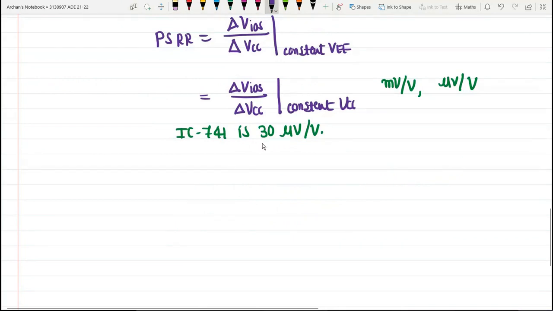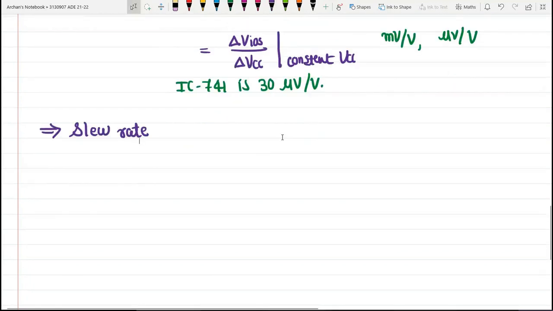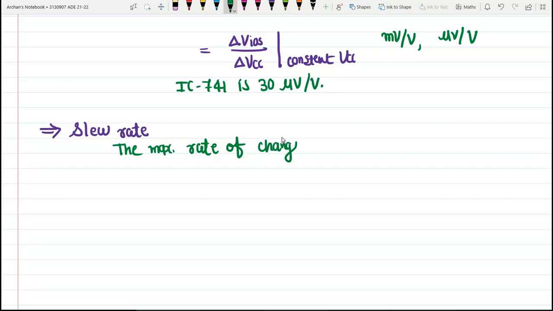Now, the second parameter is slew rate. How do we define slew rate? It is defined as the maximum rate of change of output voltage with time.